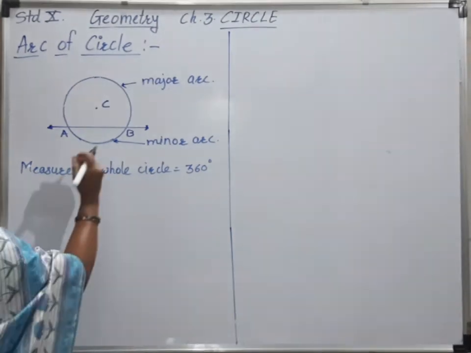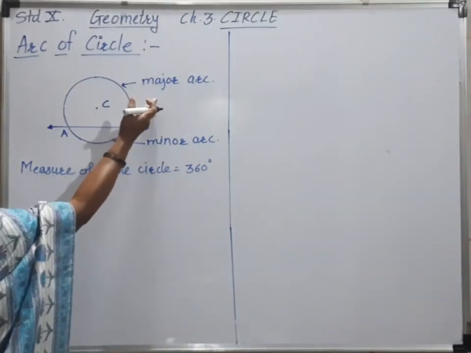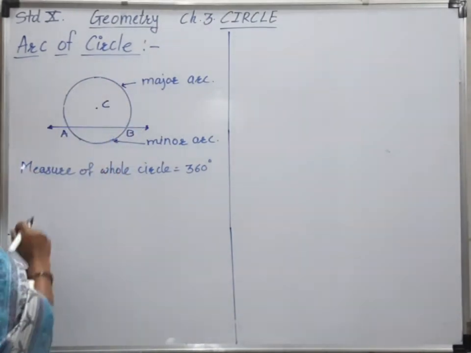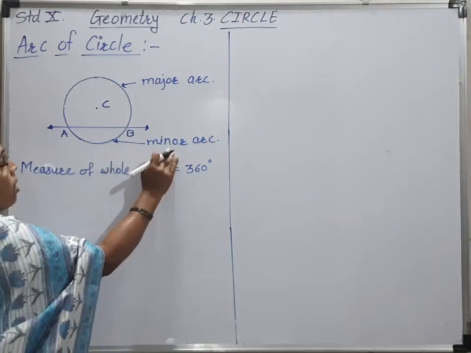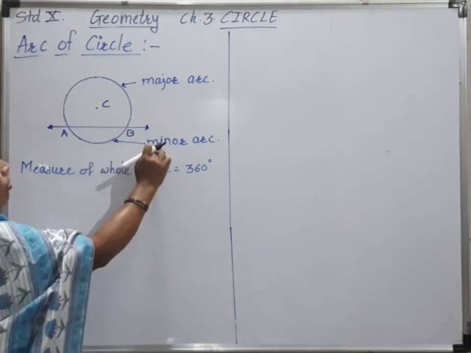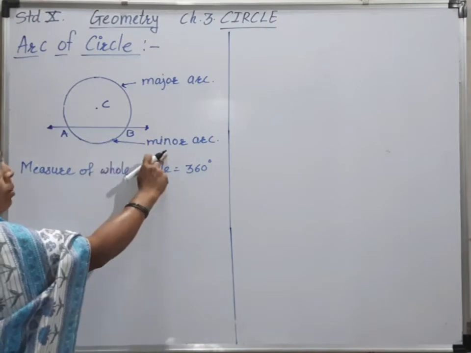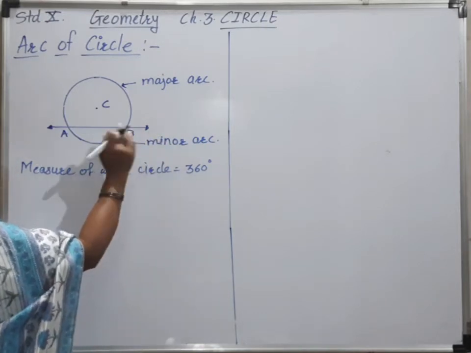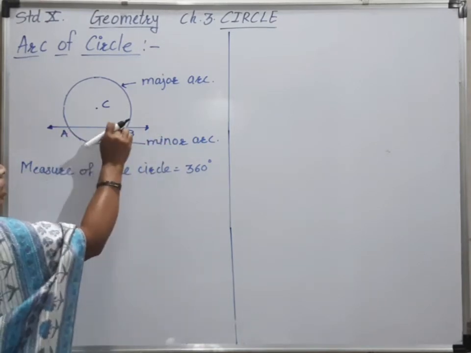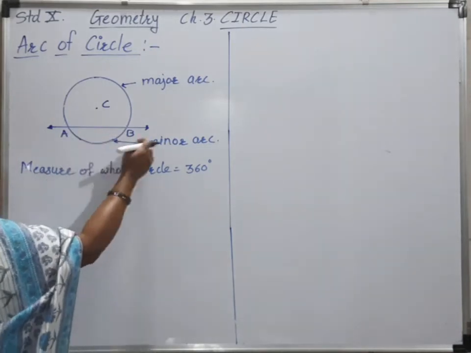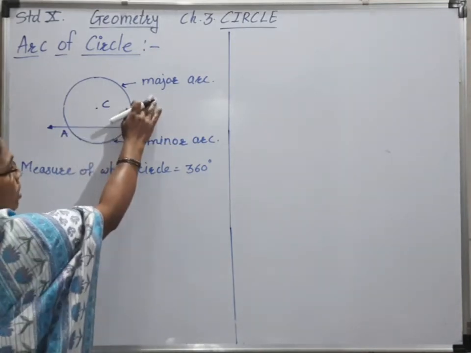Suppose the measure of the major arc is given, then when we subtract it from 360, we get the measure of the minor arc. Similarly, if the measure of the minor arc is given, then we can find the measure of the major arc.